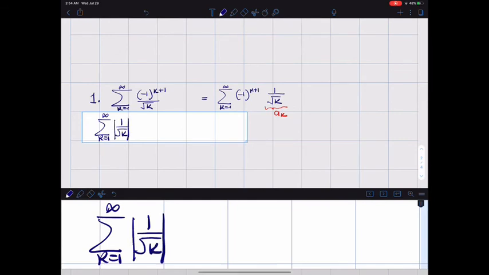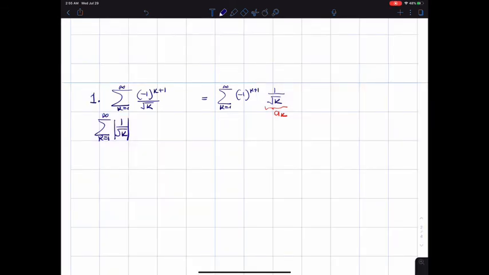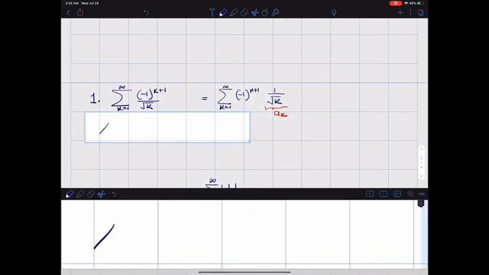Let's see if this series converges absolutely. What I'm trying to do is figure out absolute convergence. So I'm asking the question, does it converge absolutely?